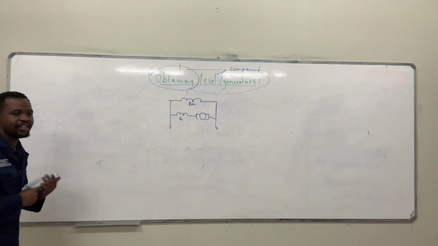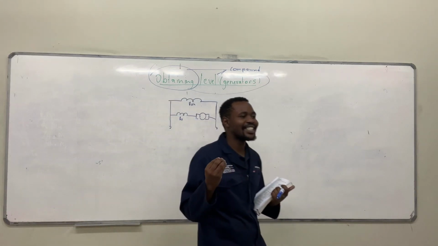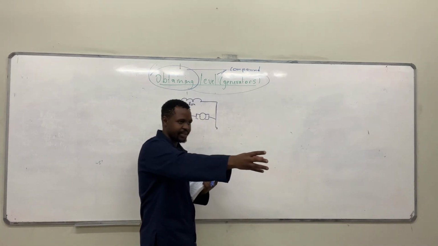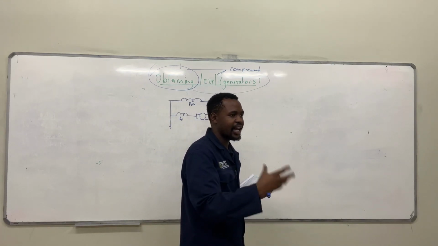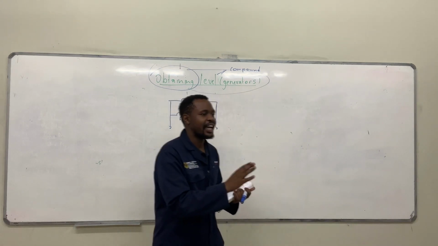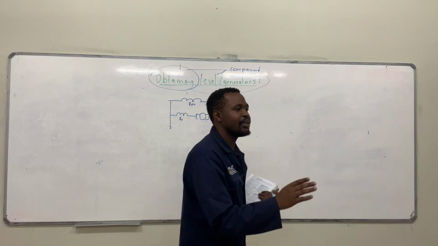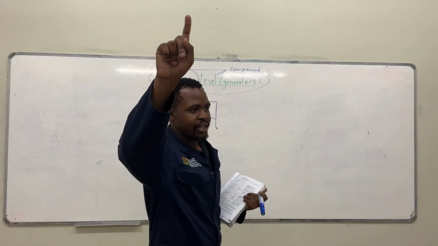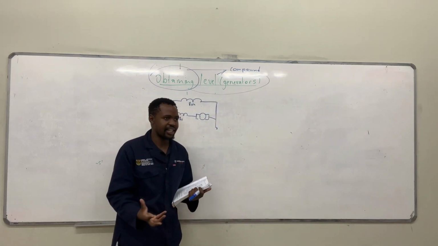Over what? Compounded. Because kaloku a series generator gives a high voltage. Yabo? It gives us a high what? Voltage. Yabo? That is why as the load increases with a series generator, the terminal voltage what? Increases. That is a characteristic of a series generator.